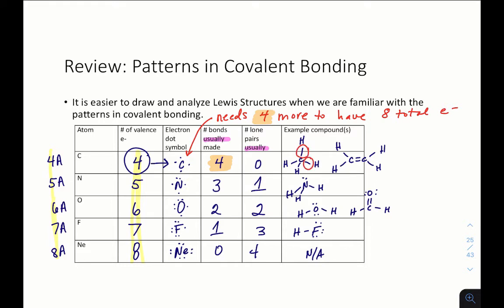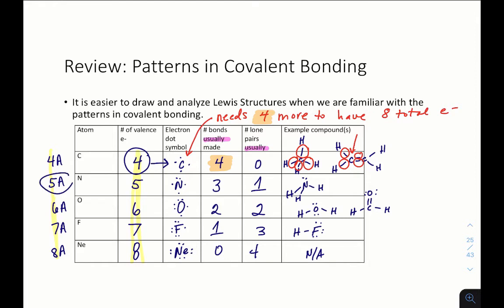2, 4, 6, 8. Or, an example on the right, 2, 4, 6, 8. Carbon does not typically have any lone pairs on it, but it can. And we'll see examples of that today.